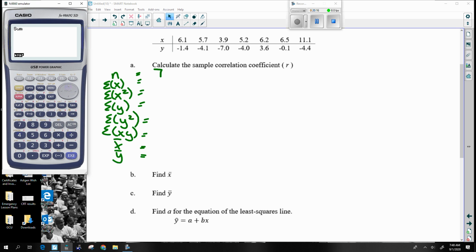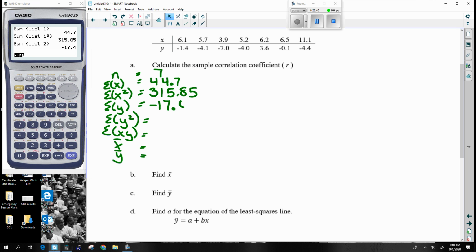So we have the sum of x, the sum of x squared, the sum of y, the sum of y squared, the sum of xy, and x bar, which is the average of x, so you added them up.